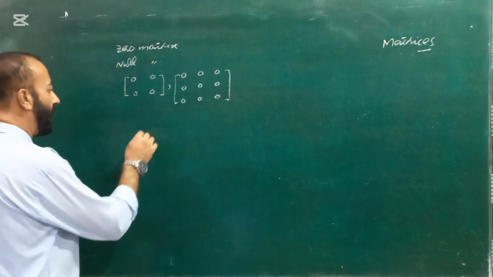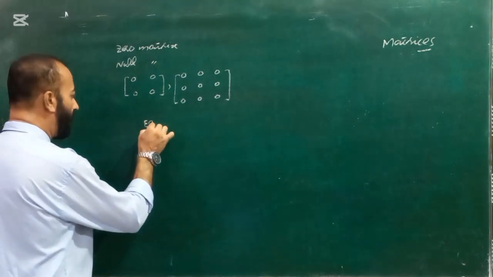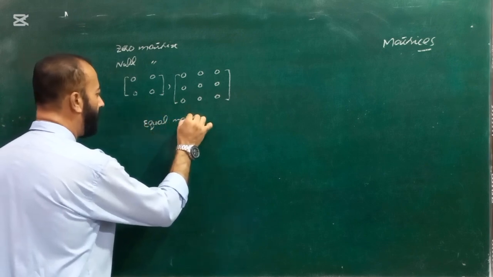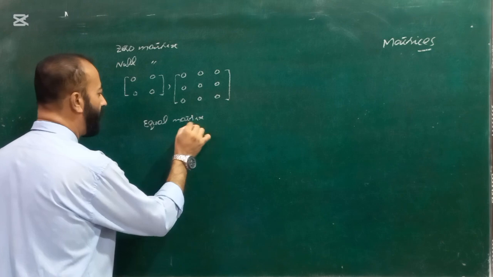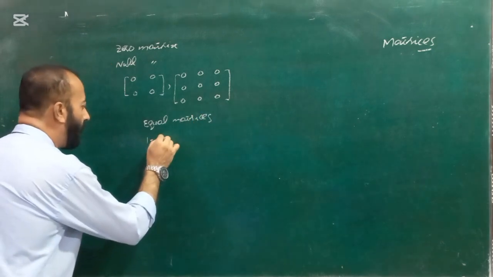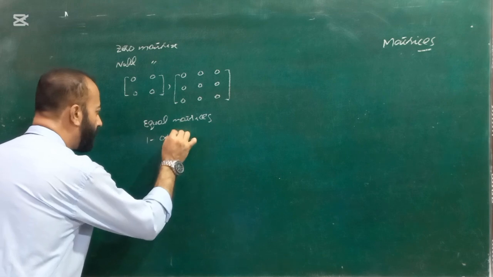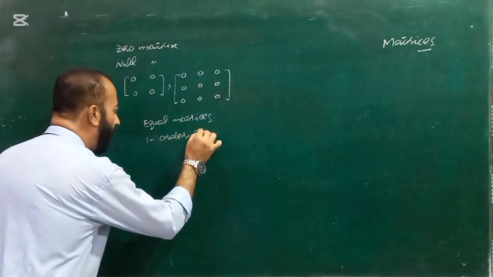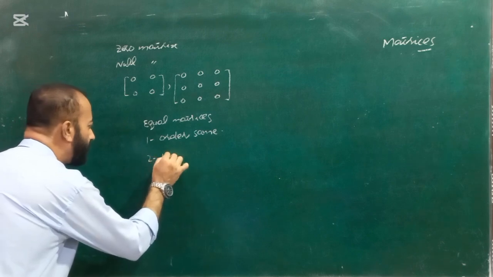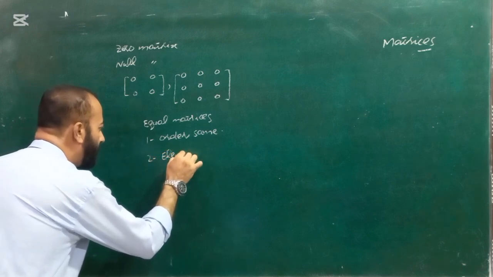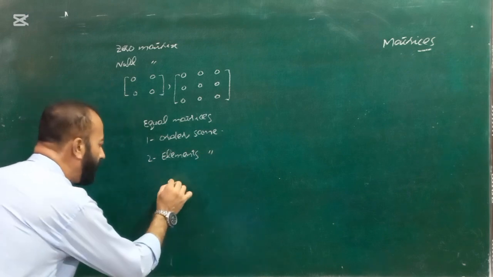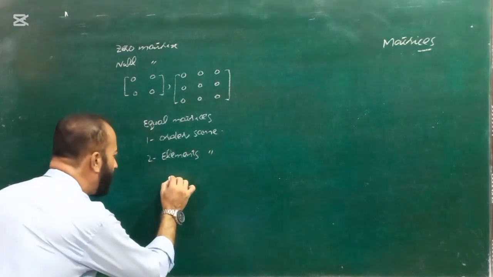Next type is equal matrices. For equal matrices, there are two conditions. Order should be the same and elements should be the same. For example, here are the examples.